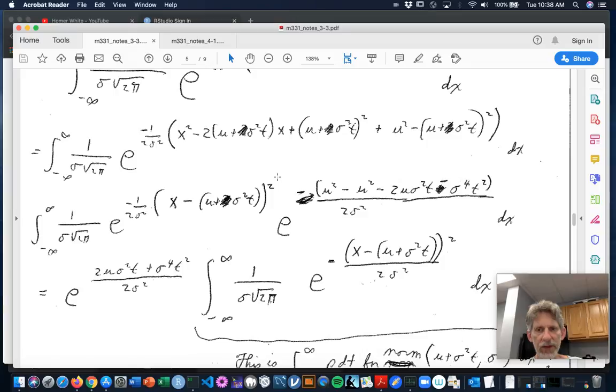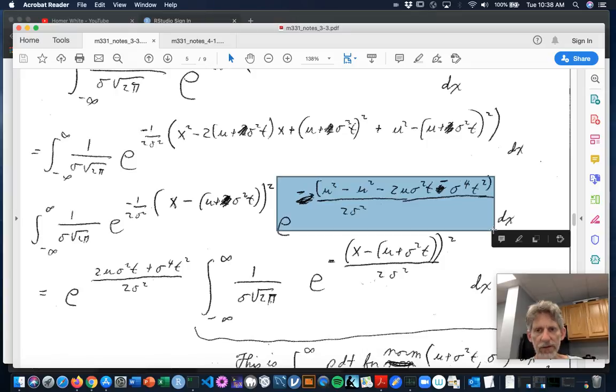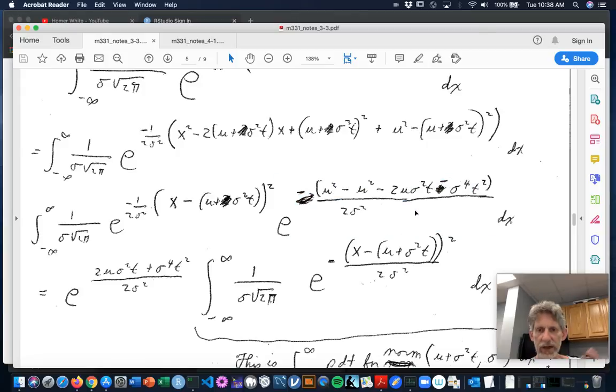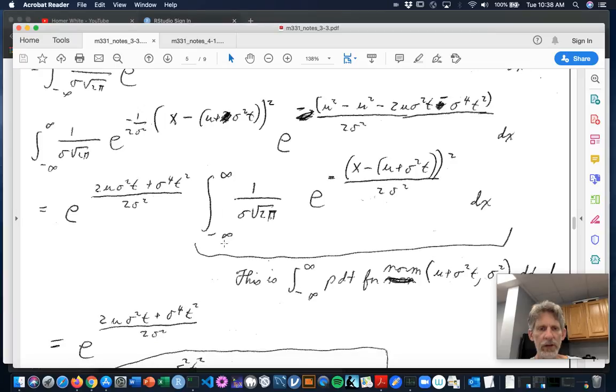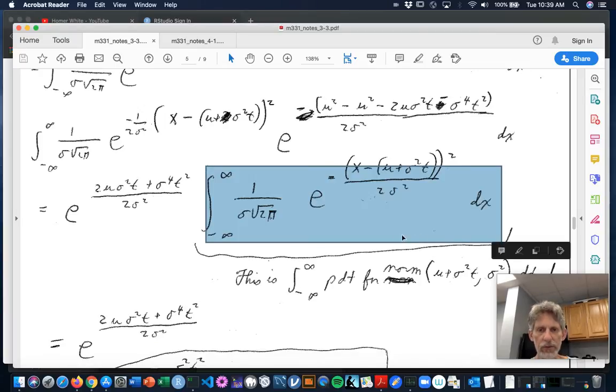And then we've got this stuff left, which does not have any x's in it, you'll notice. It's actually a constant. And if you play with it a little bit, you'll see there's some cancellation. And it's a constant as far as the x is concerned in this integral, so you can just factor it outside of this integral, and here it is.